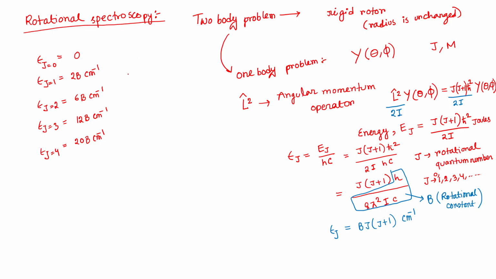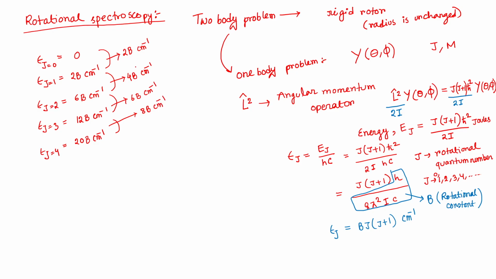And if you see the gap between the energies, the first gap is 2B centimeter inverse. Here the gap is 4B centimeter inverse. Here the gap is 6B centimeter inverse, and here the gap is 8B centimeter inverse.